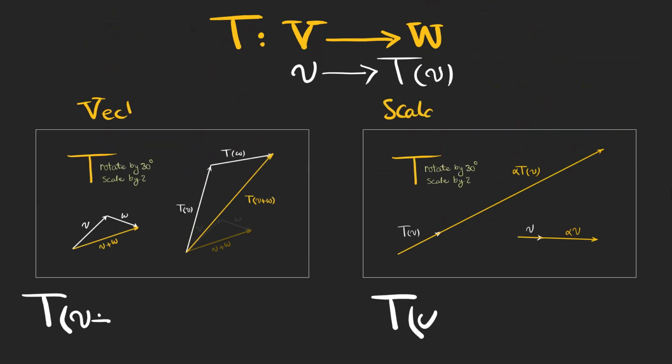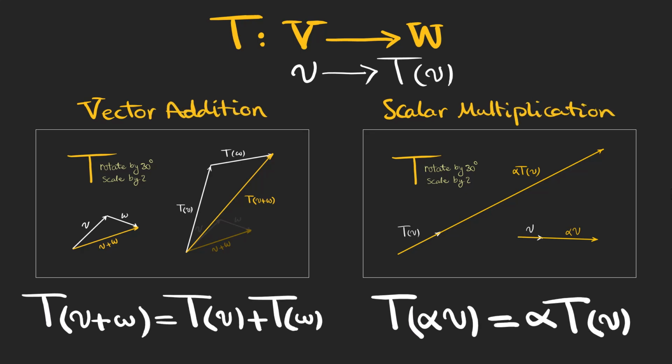We define a transformation from a set V to another set W. In other words, under this transformation, an element v in the set V transforms into another element T of v in the set W. If the two sets are not just sets but also vector spaces and the transformation preserves vector addition and scalar multiplication, we call the transformation linear.